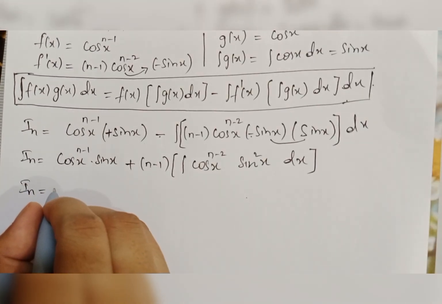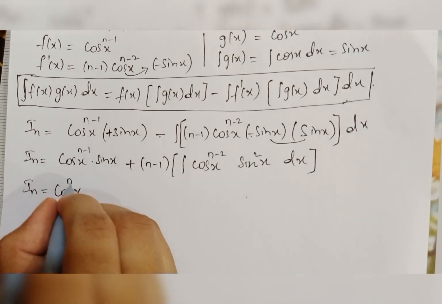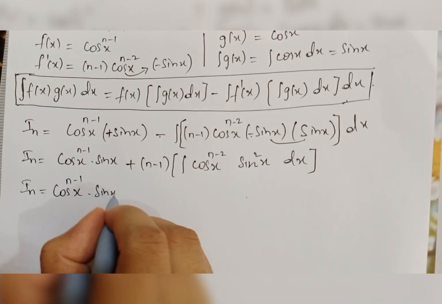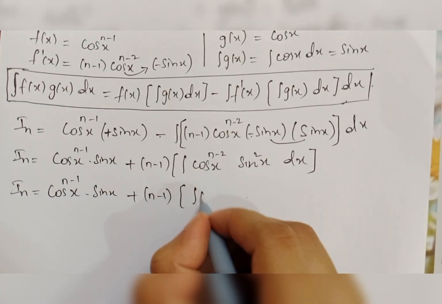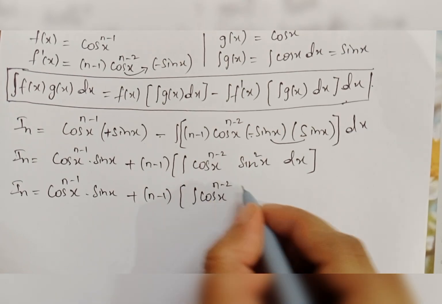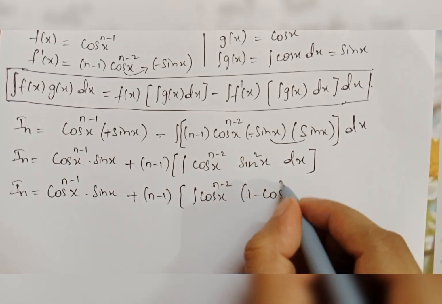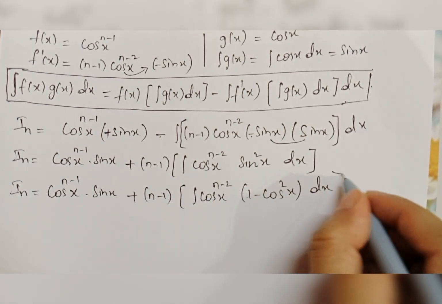So it is In is equal to cos x power n minus 1 into sin x plus n minus 1 into integral cos x power n minus 2 into 1 minus cos square x dx.